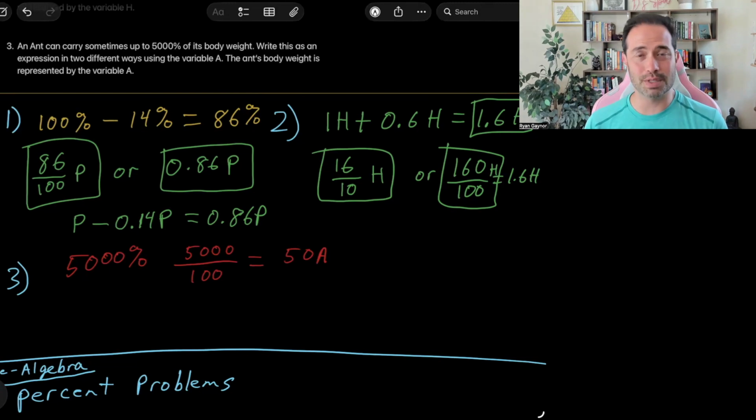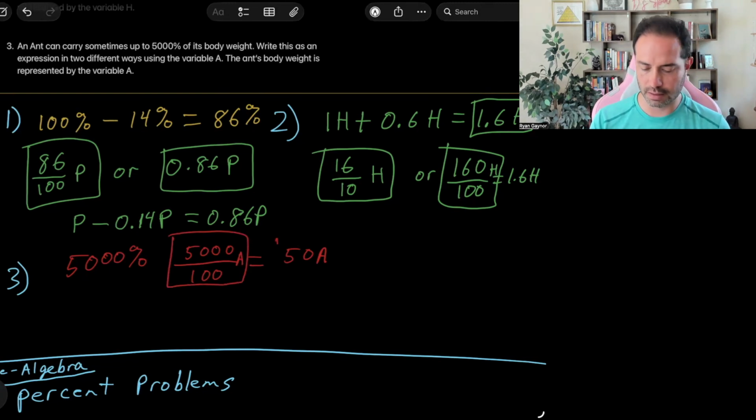So 5,000% would be 50 times its body weight, okay? And so you can see that you can write it as 5,000 over 100, or you could just write it as 50a, right? So it could be this one or that one. So we can box those up. Could be this one or that one.